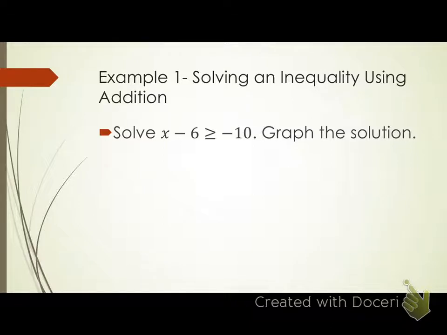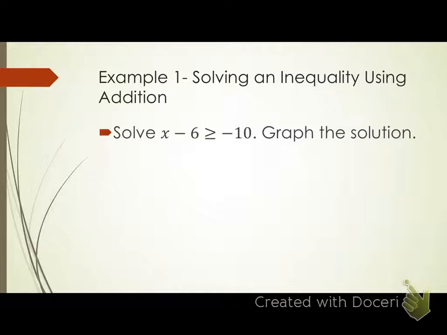Example 1. Solve x minus 6 is greater than or equal to negative 10. Graph the solution. When I'm solving my inequalities, my goal is still the same: to isolate the variable by itself on one side of the inequality.